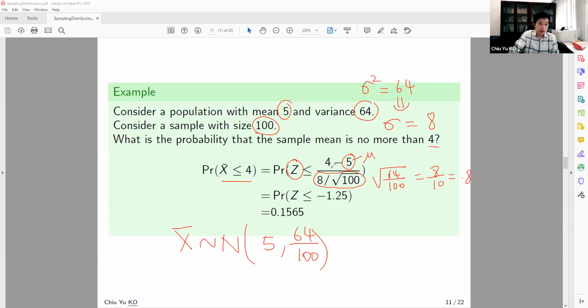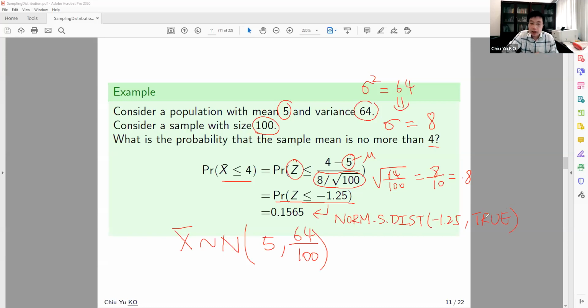Negative 1 over 0.8 is negative 1.25. From here, you do the Excel, NORM.S.DIST of negative 1.25, and then TRUE. Okay, so this is how you arrive at the solution.